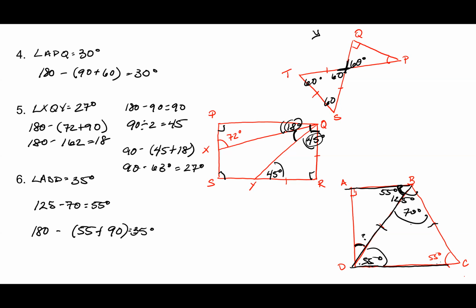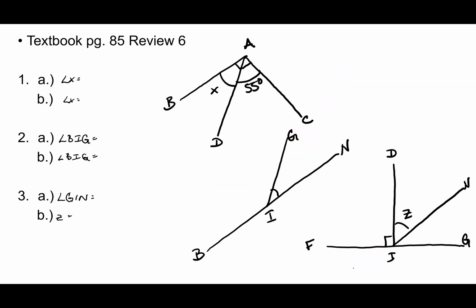Because this one over here is 55 degrees and it's an isosceles triangle, this other angle needs to be 55 degrees. So we found that the vertex angle was 70 and then we subtracted from 125. You also could have used the Z rule on this one because that straight line intersects two parallel lines. So either way works. Okay, so let's turn to page 85.